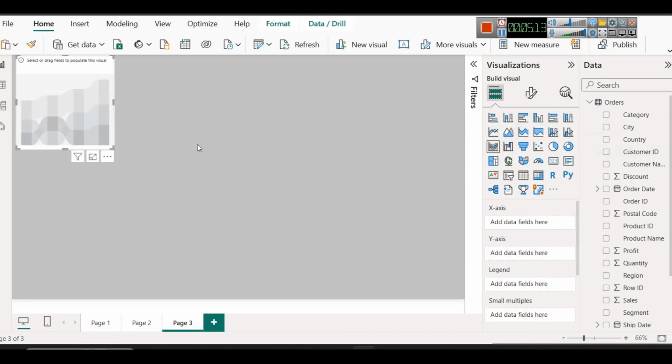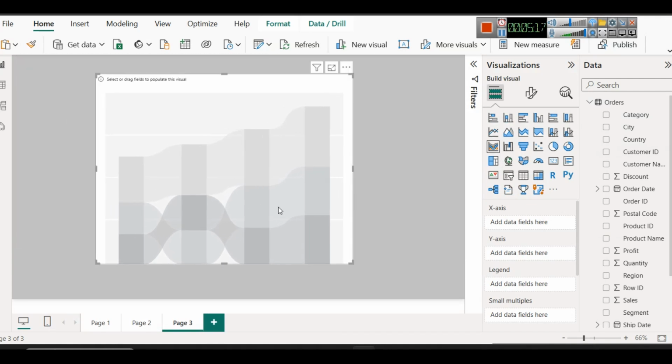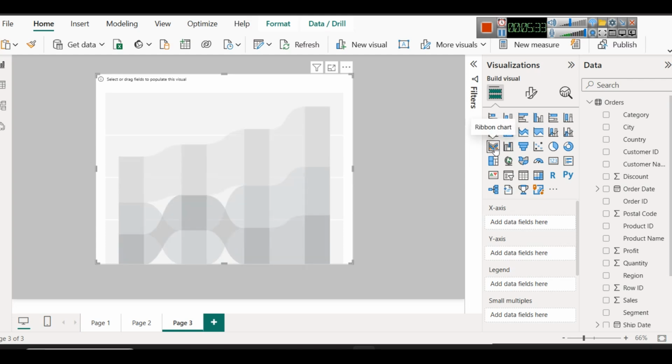So first of all, we'll create a ribbon chart and it shows data like this. In a ribbon chart also you can see x-axis, y-axis, legend. In a bar chart also you see x-axis, y-axis, legend. So here they both have the same number of fields.